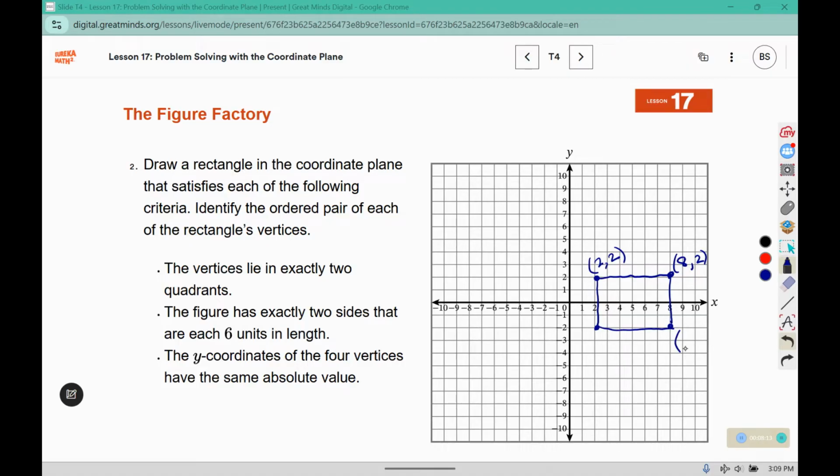So this is 8, -2, and this is 2, -2. I have exactly 2 sides that are 6 long, because these ones are 1, 2, 3, 4. And it's only in 2 quadrants. It's in quadrant 1 and quadrant 4.